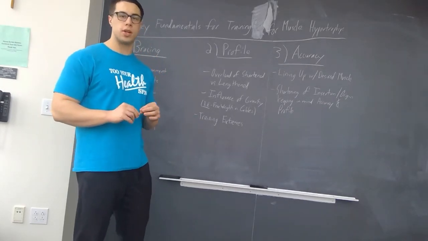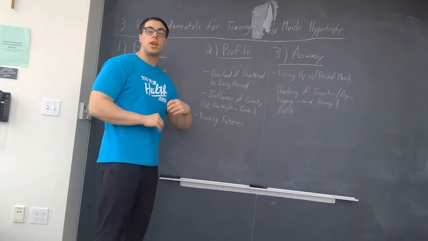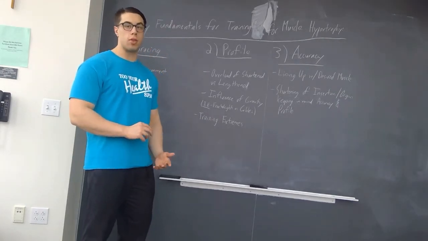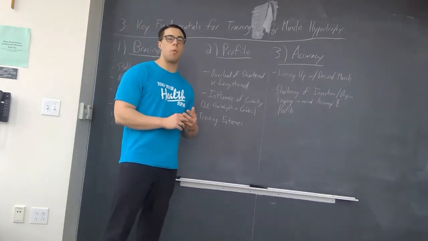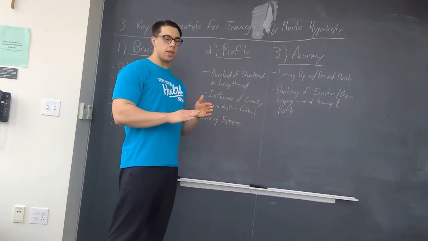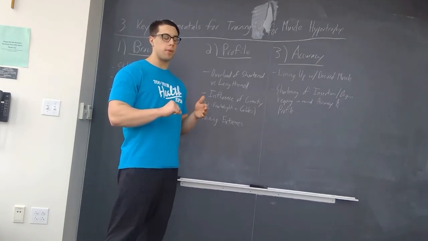On the other hand, we can talk about cables. Cables are more intricate in terms of where we can overload the resistance. Cables have the ability to do both. You can overload the shortened, you can overload the lengthened, based on what you are running the cable against in terms of your moment arm.